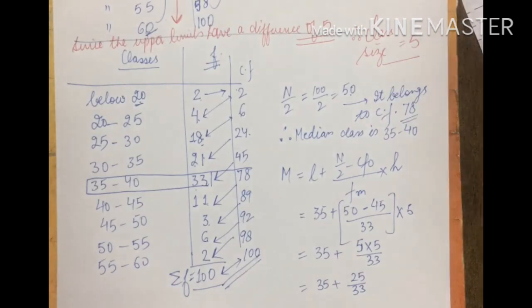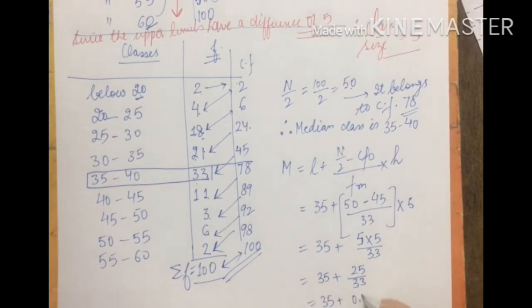So solving, I get this. Let's solve it further. 35 plus 25 by 33. So this is approximately 0.75. So the answer is 35.75. That's your answer.